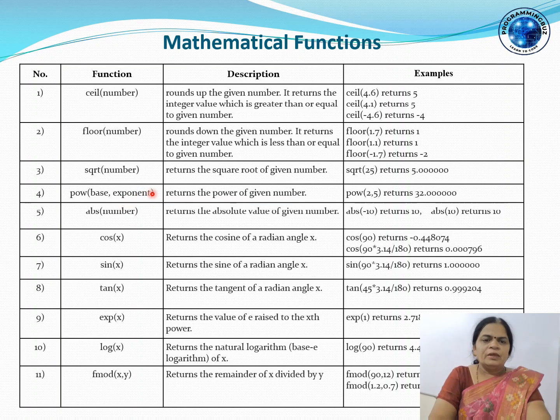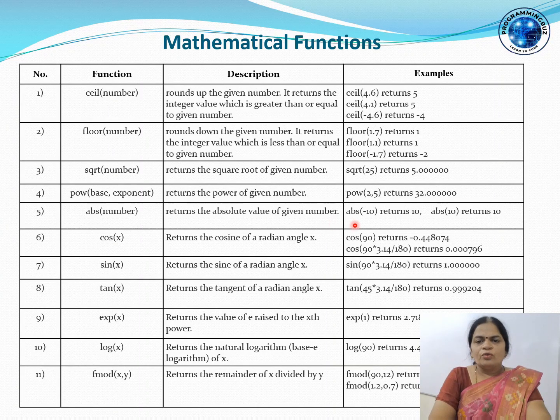The next function we are going to learn is abs. This abs function will return the absolute value of a given number, and we know that the absolute value of a number, whether it is positive or negative, is a positive number.